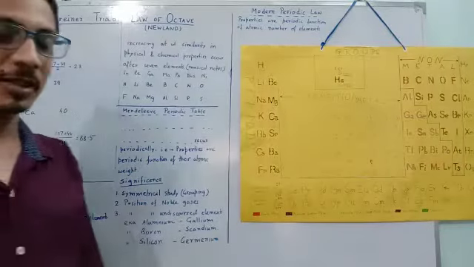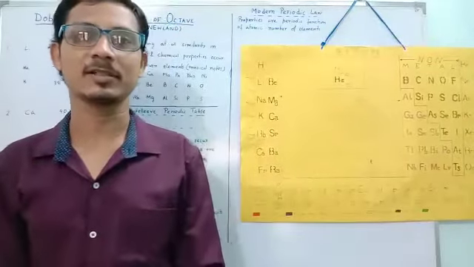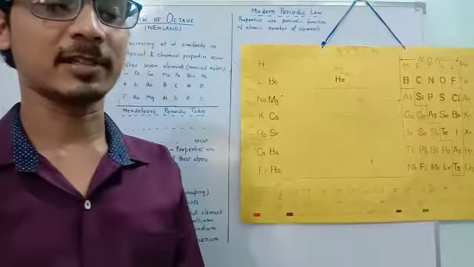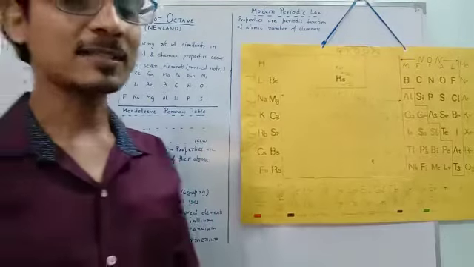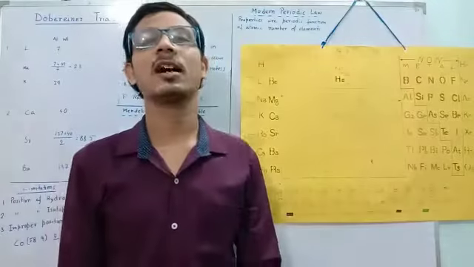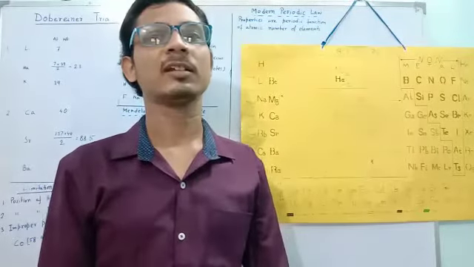Today we are going to discuss one of the important chapters in chemistry, the periodic table. As we know, till today we have almost 118 elements discovered in our universe.